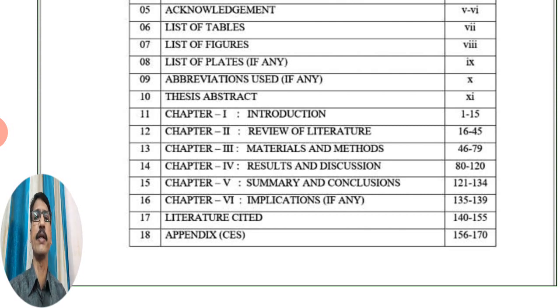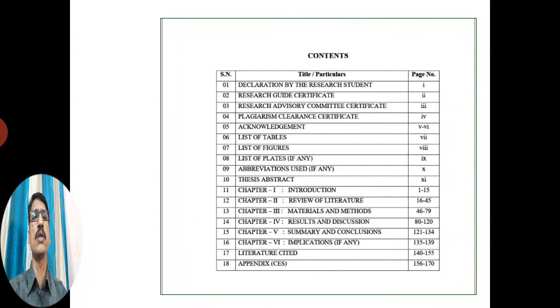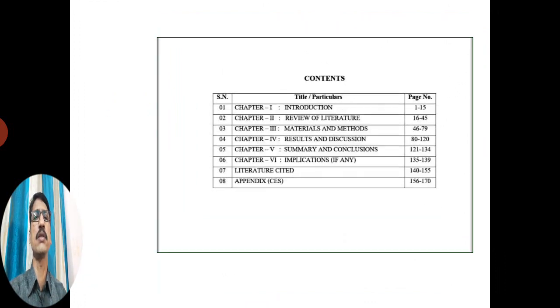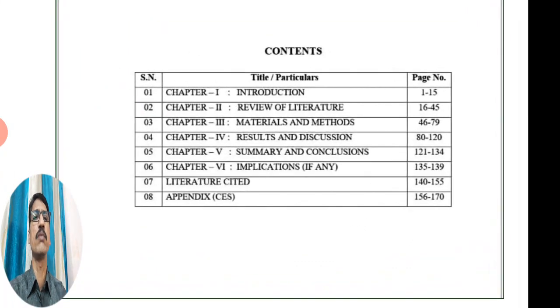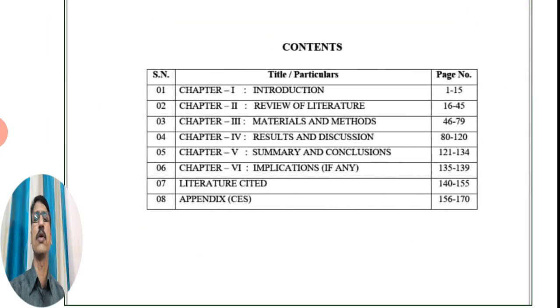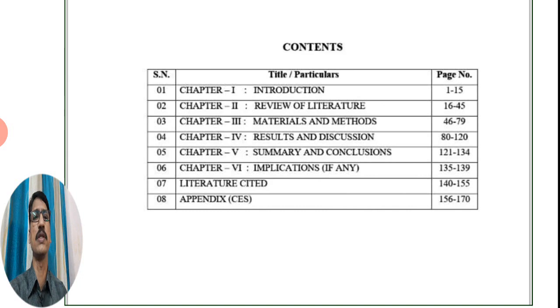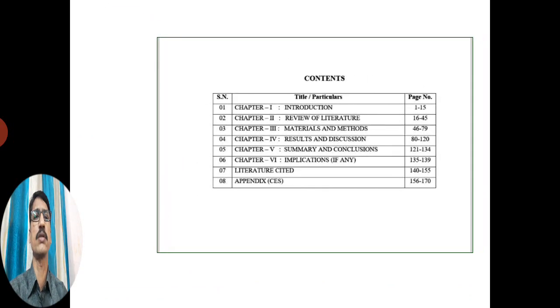The literature cited and appendix are given in continuation. The page numbers are given in continuation with the chapter numbers. Sometimes some theses give only the chapter numbers without including the preliminaries of the thesis. It is also a correct way of writing the contents in the thesis.